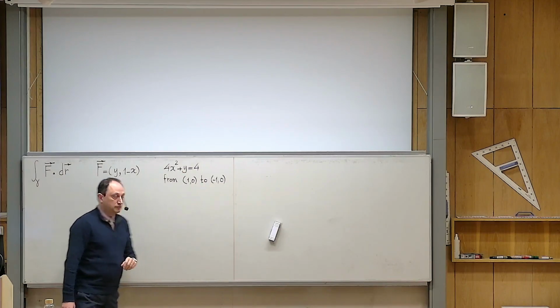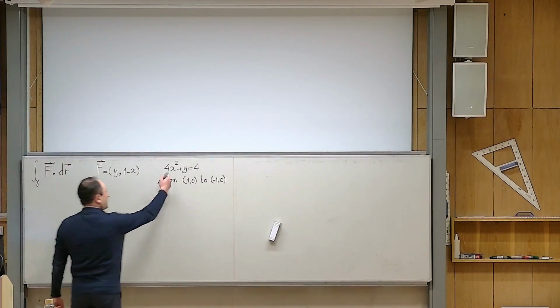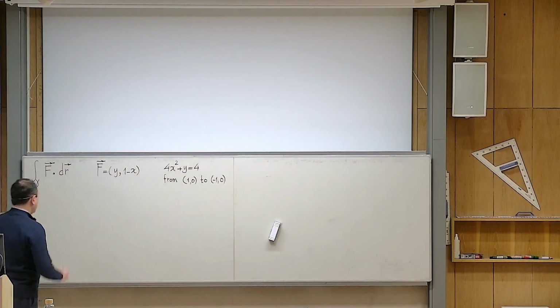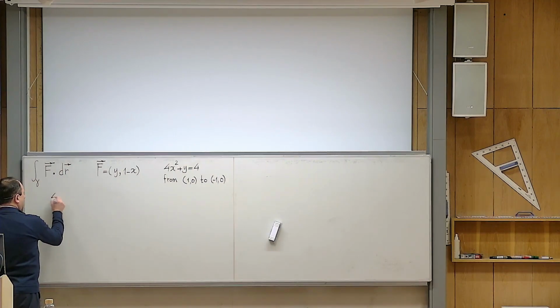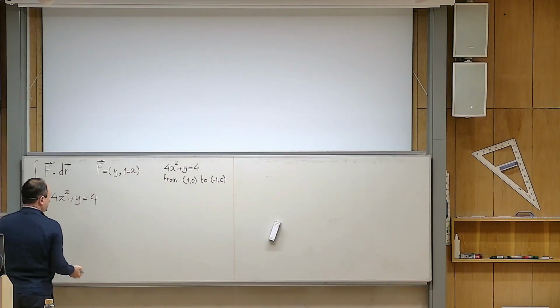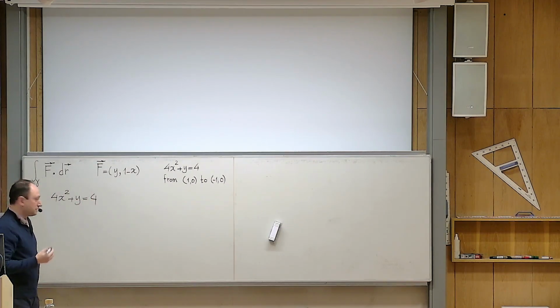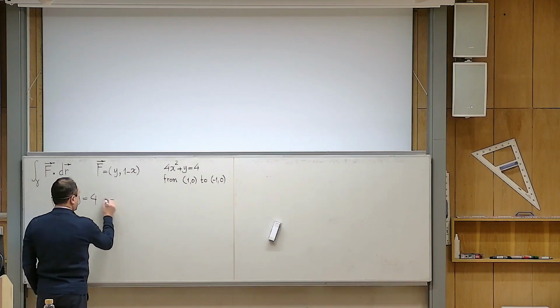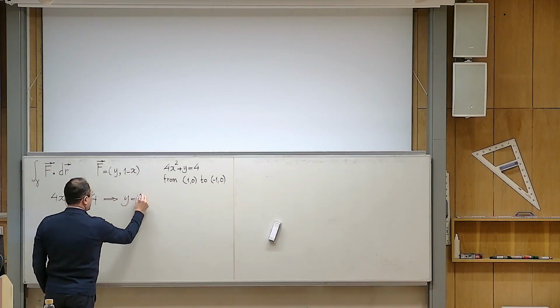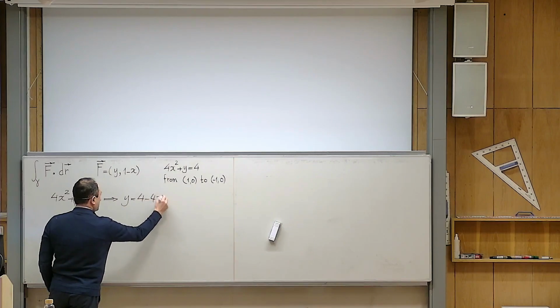The same here. If I want to sketch the graph of this curve to have a better understanding, I would say that 4x squared plus y is equal to 4. Even though it is written in an implicit form, it is immediately clear that y is equal to 4 minus 4x squared.